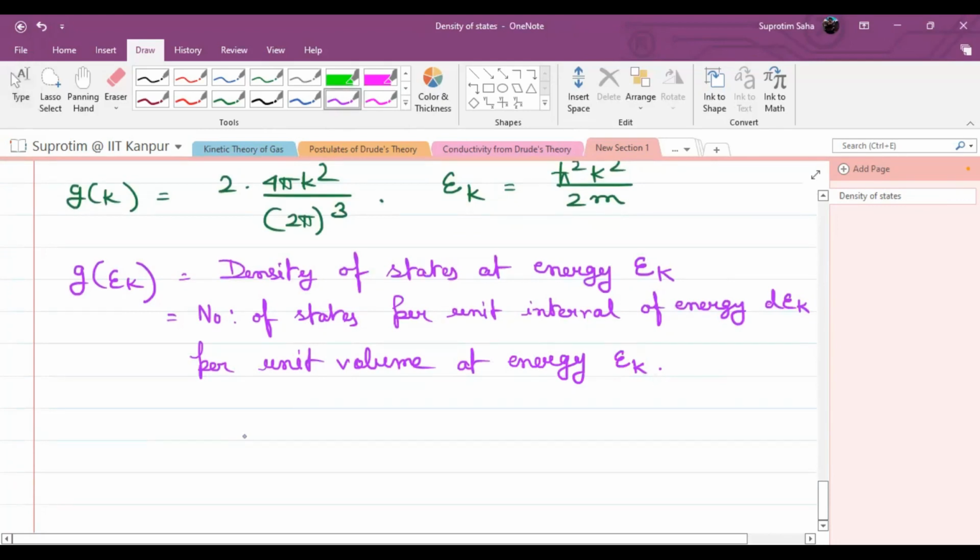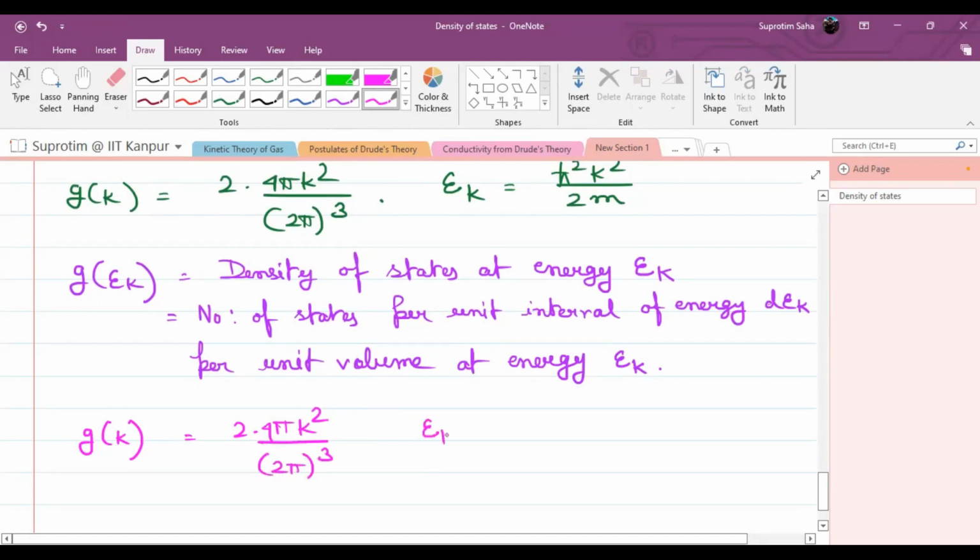So now we can write g of k is 2 times 4 pi k squared dk over (2 pi) whole cubed. So this is 4 pi k squared over (2 pi) whole cubed.